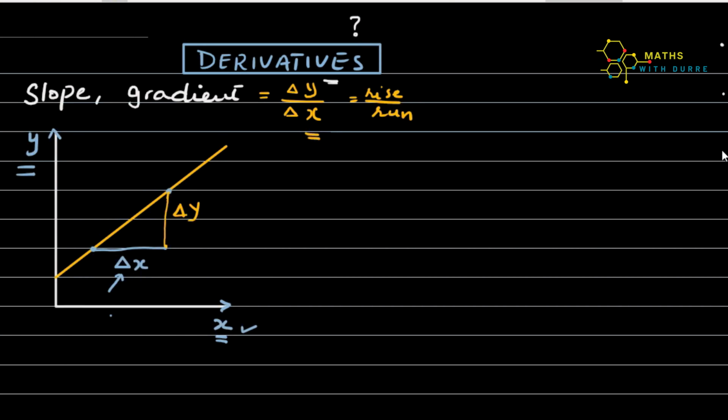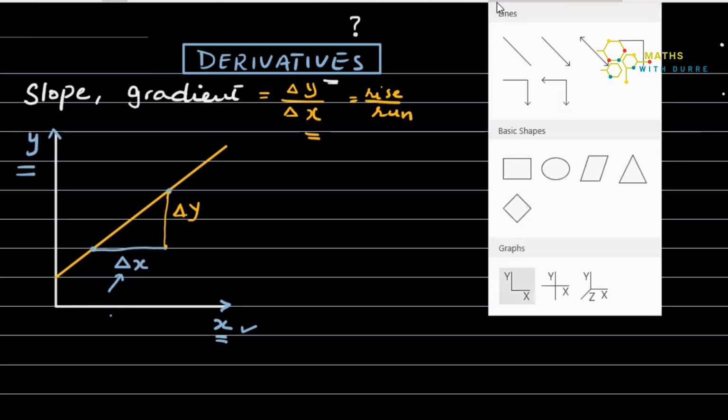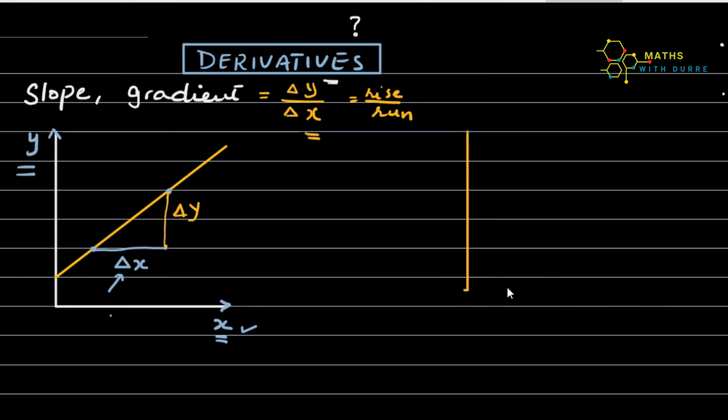So what if we calculate the slope of a curved line, if the graph is in a curved form? For example, the graph is in a curved form like this. Can we calculate its slope?